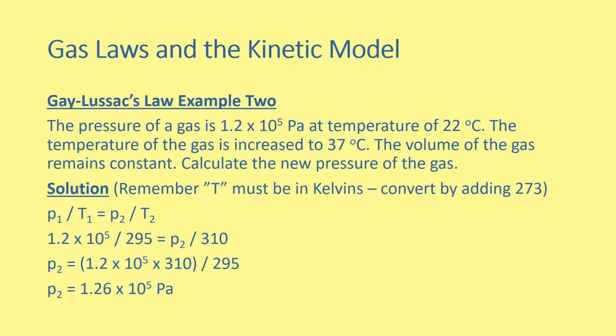Again, read this question carefully. For any Gay-Lussac's calculation, temperature must be in kelvins. T1 therefore is 295 and T2 is 310.